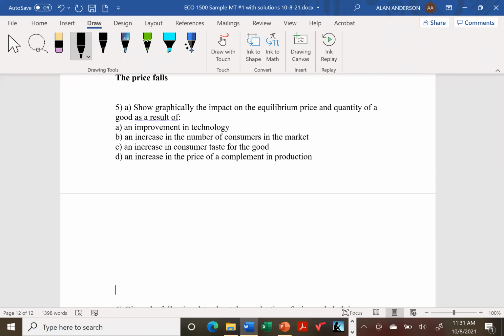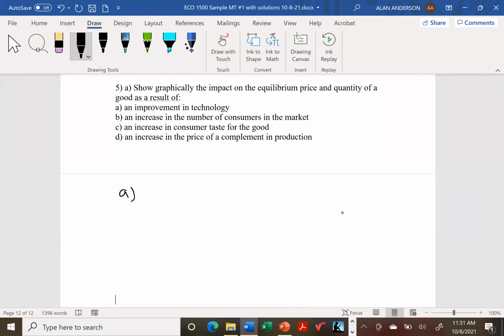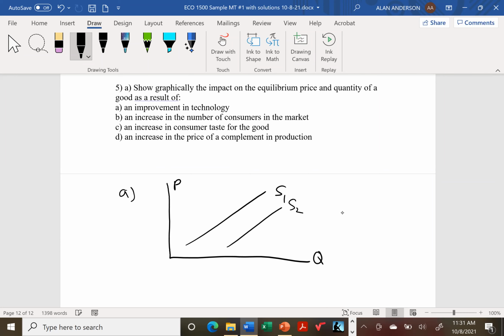So for example, an improvement in technology means that supply goes up. Now that's the key to the whole thing, knowing which curve is shifting and in which direction. It's not actually asking you for any conclusions. It's just saying, please show what happens when there is an increase in supply.